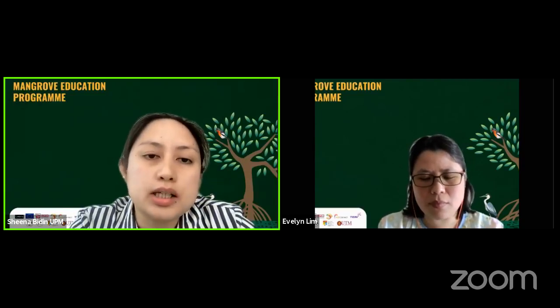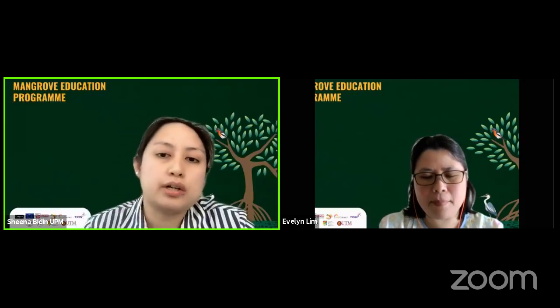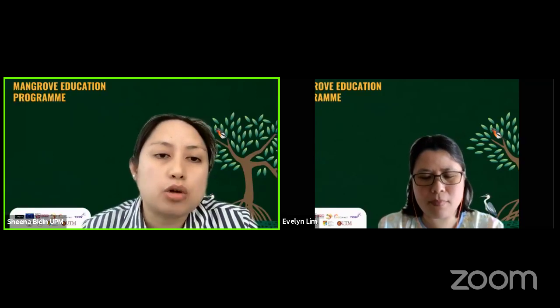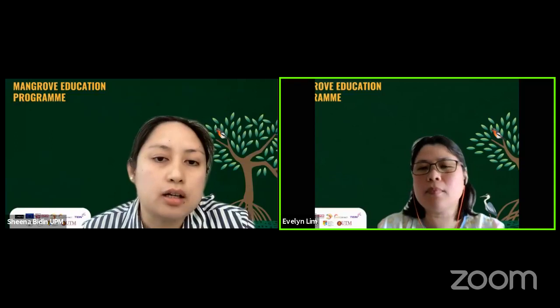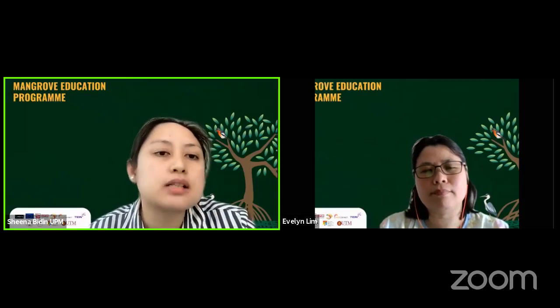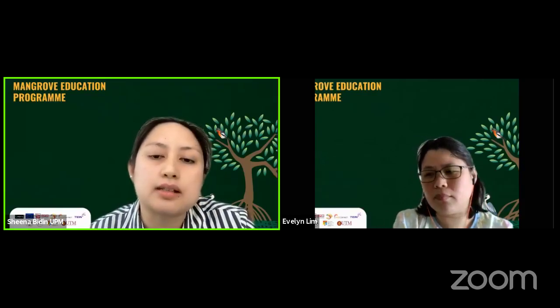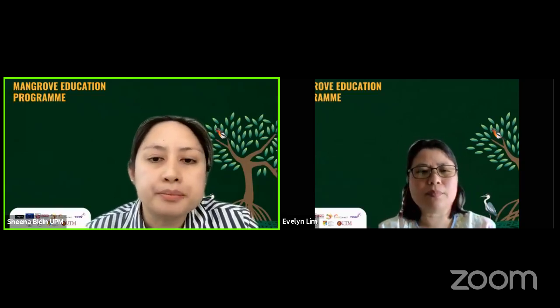We also see the habitats and the biodiversity of that place. And then most importantly, we also take into consideration the local communities' opinions of what they think if an area is being developed. So those are some of the factors that are very important and should be taken into consideration. All right.